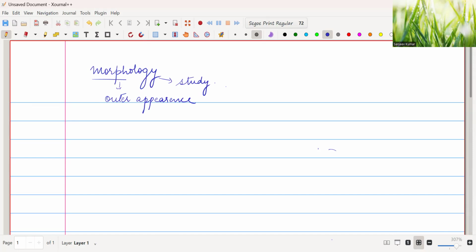So when we are studying the morphology of flowering plants, it means that we will study the large variety of the angiosperms, because angiosperms are all around, we can see the flowering plants. We can't study the gymnosperms or the bryophytes because those plants do not bear flowers.